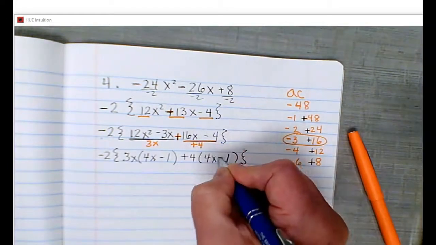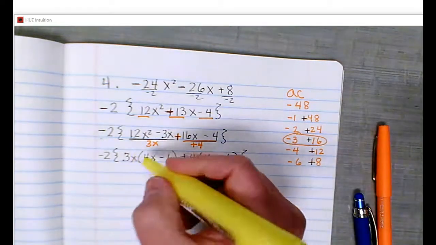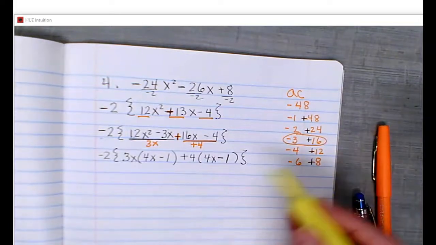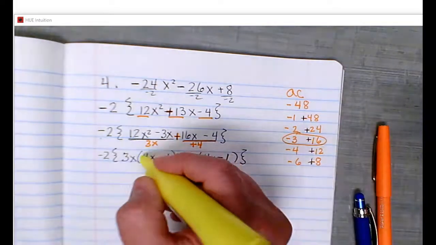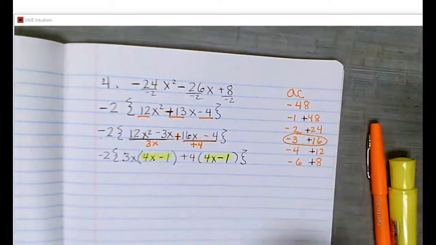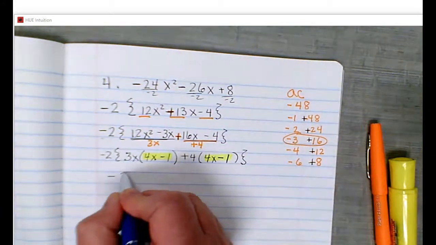Negative divided by a positive is negative. Right here, if you hadn't helped me catch my sign mistake in this step, I would have caught it, because if I have not made a sign mistake, if I have used my GCF, this will match.